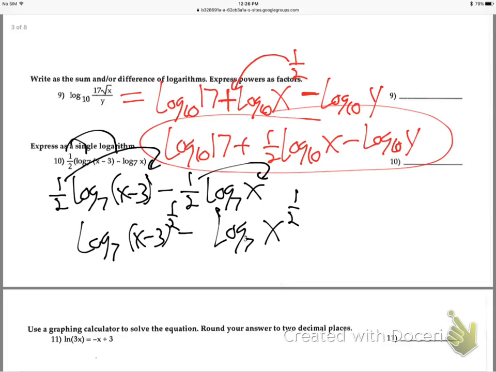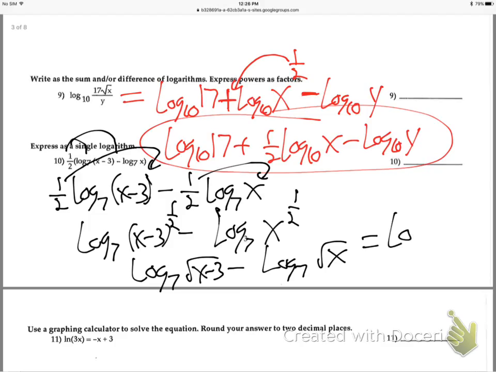Remember, numbers in the front go to the power. And then, what's a half power? That's a root on both of those. Finally, subtraction becomes divide. Done. I made it one log.